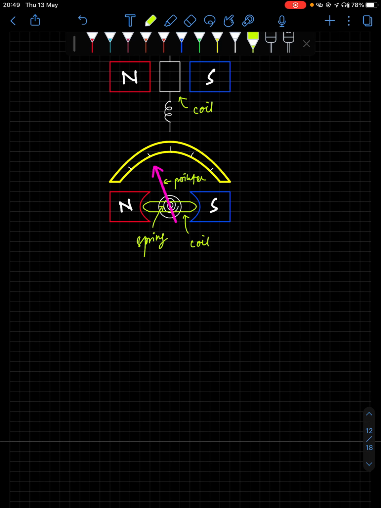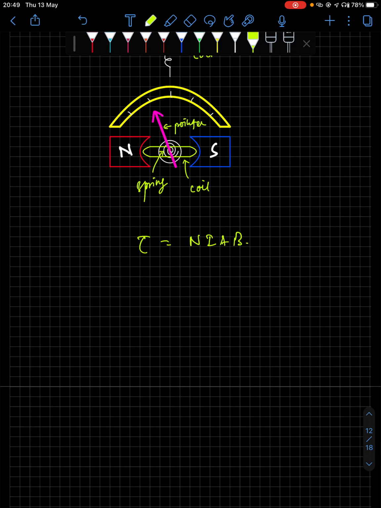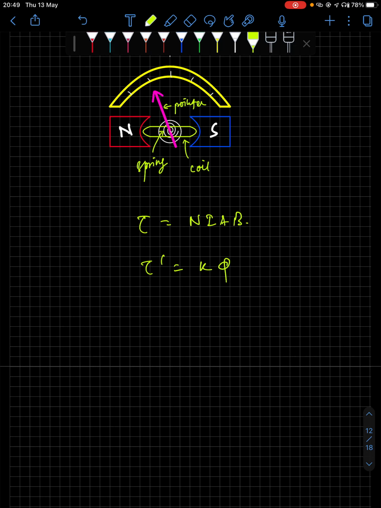So the deflecting torque is given by tau equal to NIAB, and the restoring torque, that is due to the spring, is given by K phi, where K is the restoring torque per unit twist and phi is the twist due to the current.